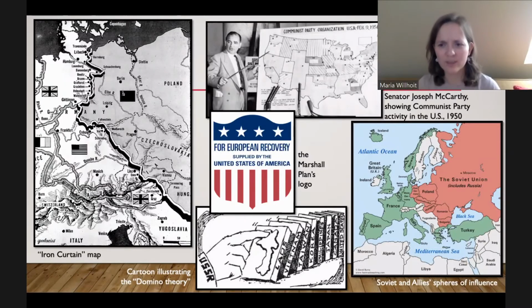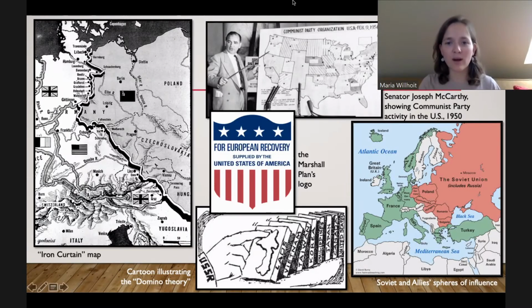I think everybody knows that. But this is kind of like the division. And then this is Senator Joseph McCarthy showing Communist Party activity in the US in the 1950s. Where he gets this evidence, I have no idea. But a lot of people believed in him. They were like, oh my God, we have so much communism in our country. We need to fight it. We need to go after it.